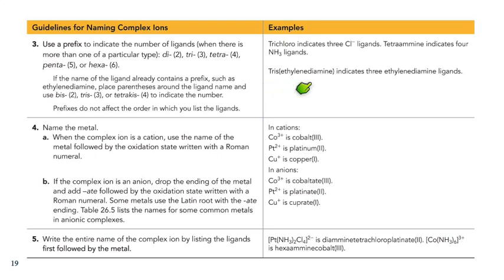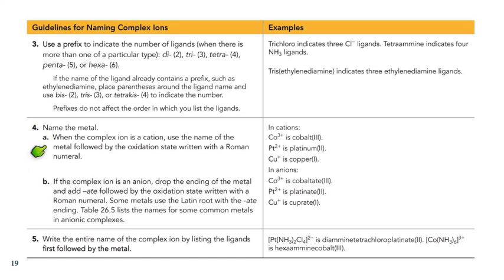Tris ethylene diamine, so the tris is on the outside and there's parentheses here because there's a numerical prefix in the name of the ligand itself. So tris, 3 of the things in parentheses. So we name all the ligands, specify how many they are, got them in alphabetical order, then we name the metal.